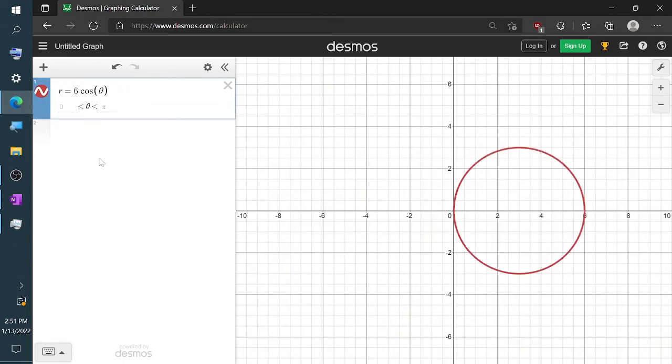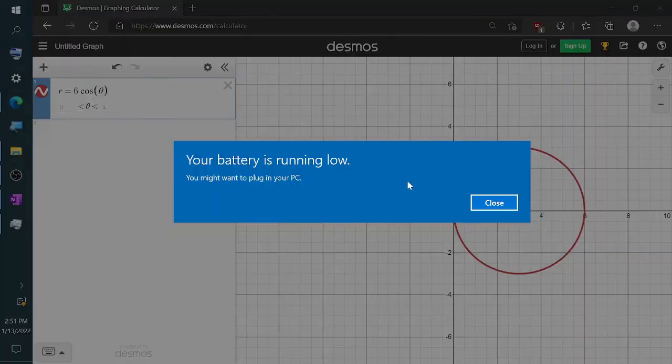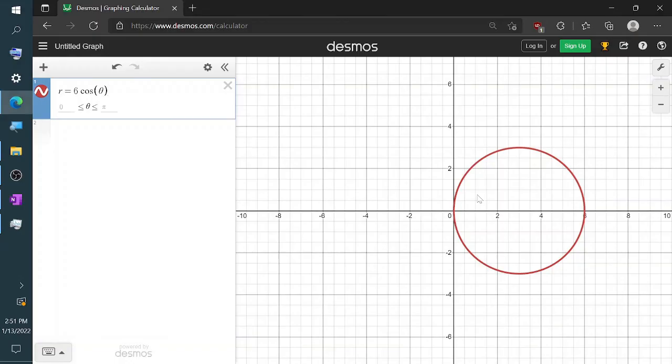It'll automatically convert it to the Greek letter theta, and it will recognize that r and theta here are intended to be polar coordinates. And so it's going to create a graph of all the locations on this graph that make this equation true, where the r is truly equal to 6 times cosine of the angle theta.